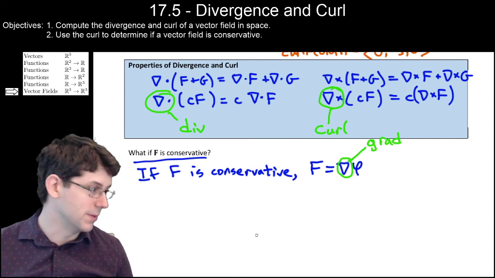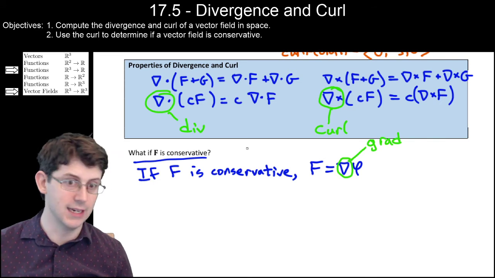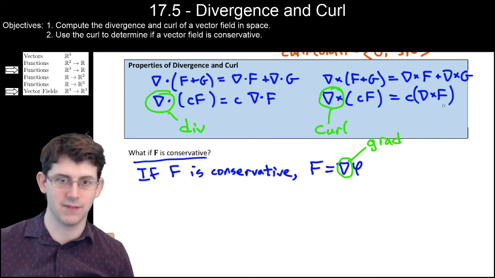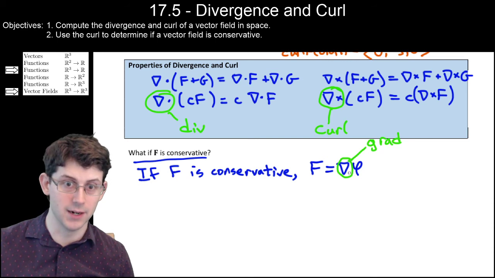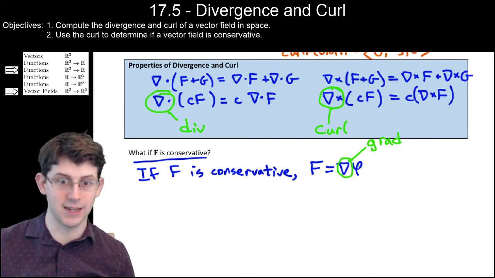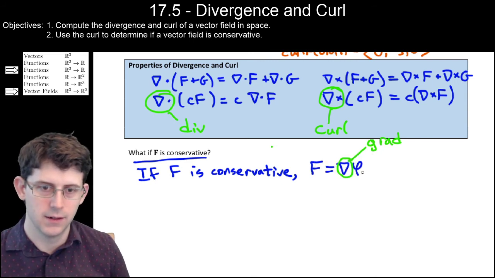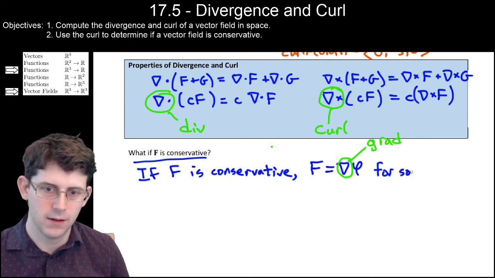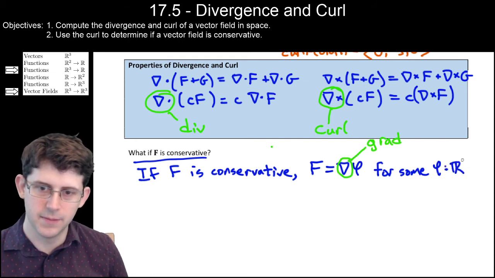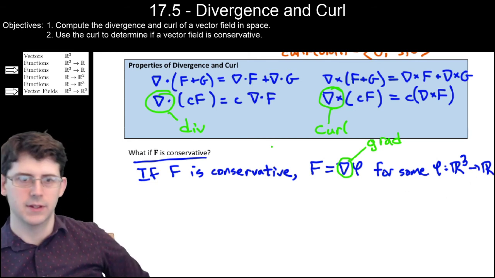The function takes input of a point in the plane or a point in space, just like the vector fields do, but its output is a number. So here this is the gradient of a function. This function is a function from points in space that gives you real numbers.